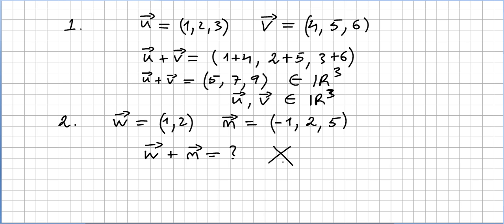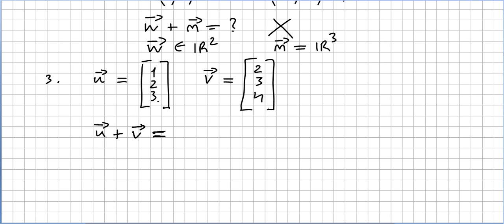We cannot do this because w is a vector from R2 and m is a vector from R3. So the sum is not defined since the vectors have different numbers of components.